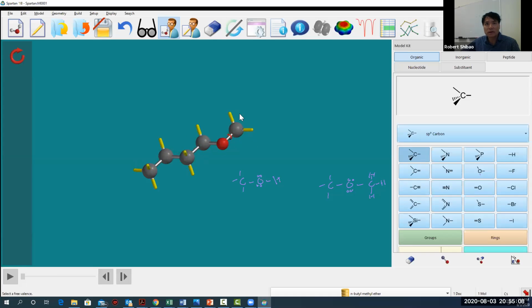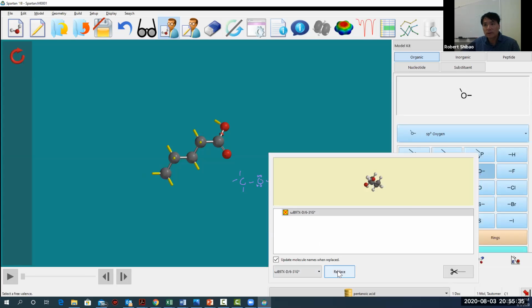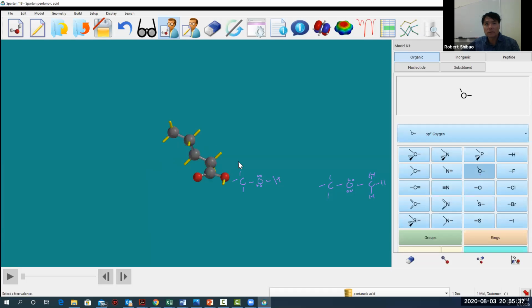So let's get rid of some of this. Get rid of that. Let's get rid of this one. Let's make a COOH group. Now the COOH group is going to have a trigonal planar carbon like that. And then it's going to have a terminal oxygen like this, and it's going to have a bridging oxygen like this. And so it's going to look like this. We'll replace this with the calculated version here.